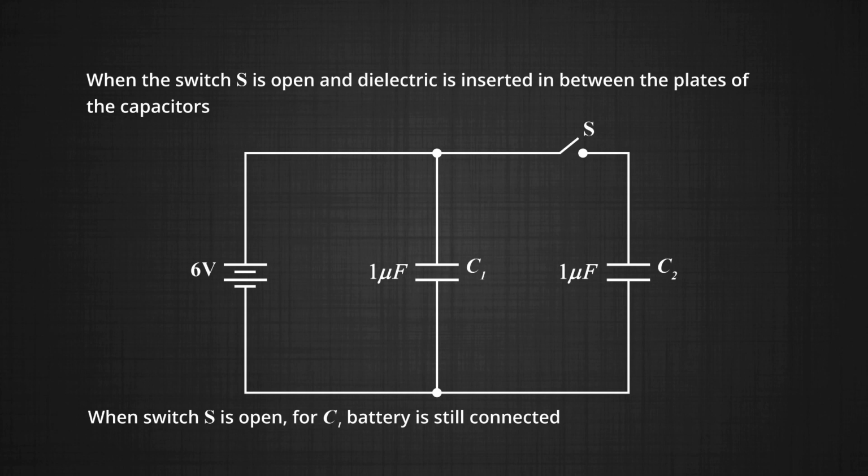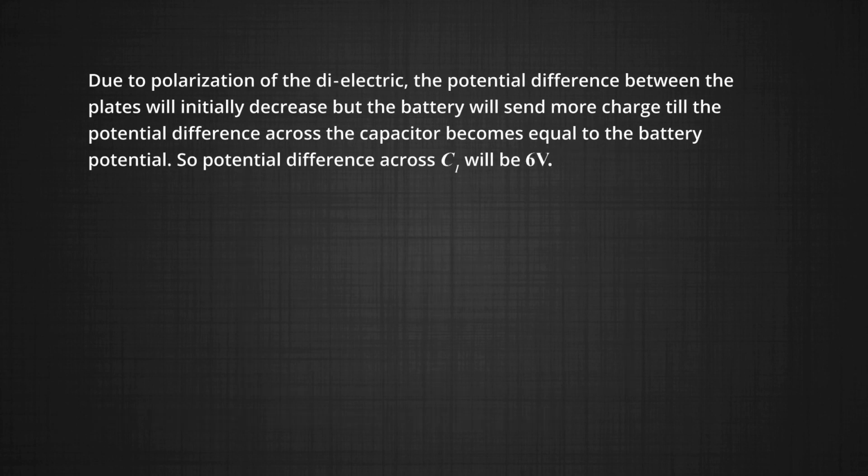Now, when the switch S is open and dielectric is inserted in between the plates of the capacitors, for C1 the battery is still connected. Part 1 now. Due to polarization of the dielectric, the potential difference between the plates will initially decrease, but the battery will send more charge till the potential difference across the capacitors becomes equal to the battery potential. So, potential difference across C1 will be 6 volt.